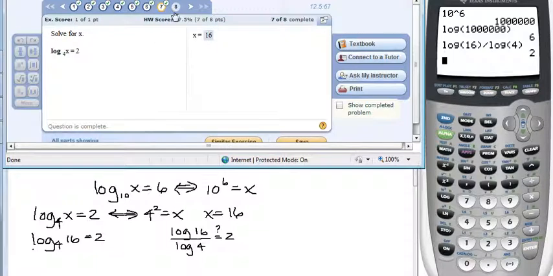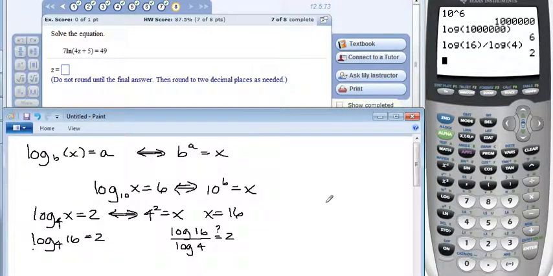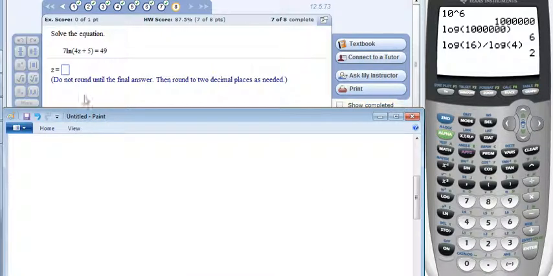Okay, one more. All right, so now I have 7 ln of 4z plus 5 is equal to 49. Okay? I'm going to want to try to isolate my log.